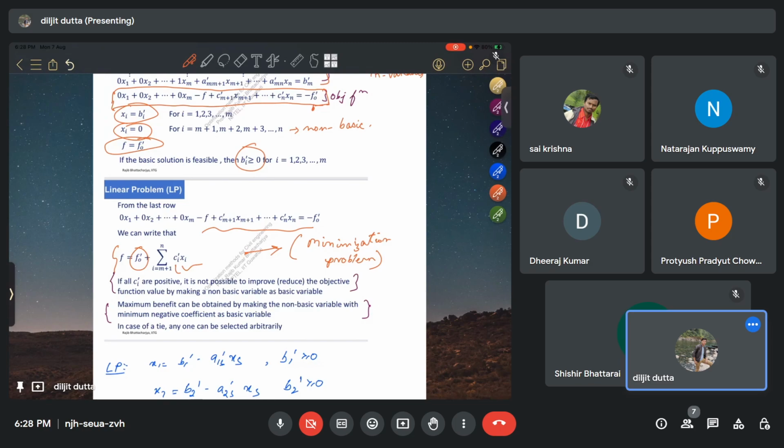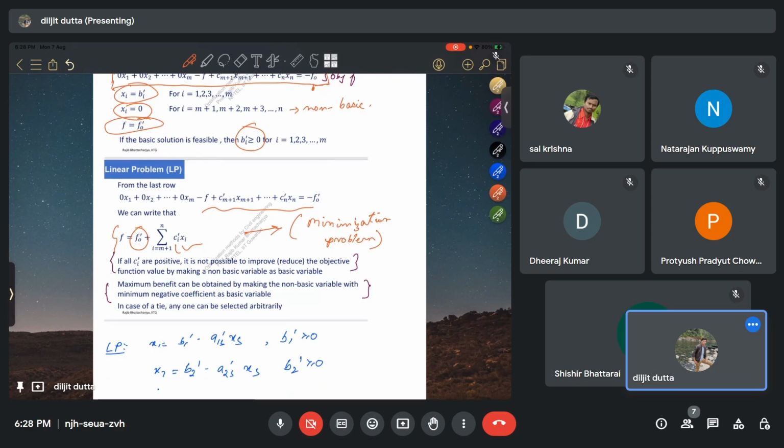Now the second case is if one of the ci is negative. In that case, we can substitute that variable whose ci is negative, consider it as part of the basic solution, and then we can further minimize the solution. So that is how the formulation of the simplex method takes place. That is, we see which non-basic variables have a negative coefficient, and we will see which is the highest negative among all the non-basic variables.